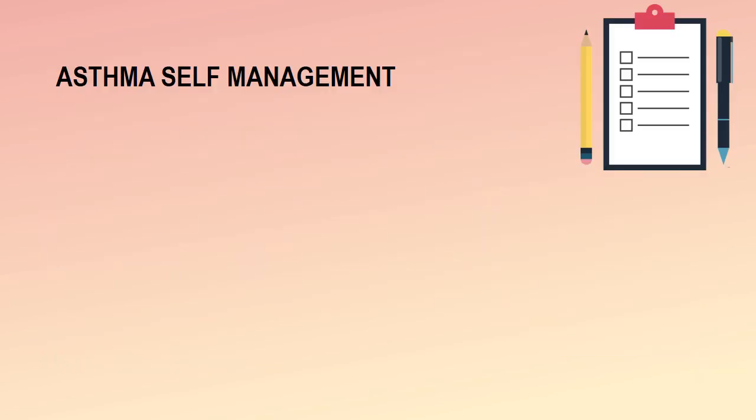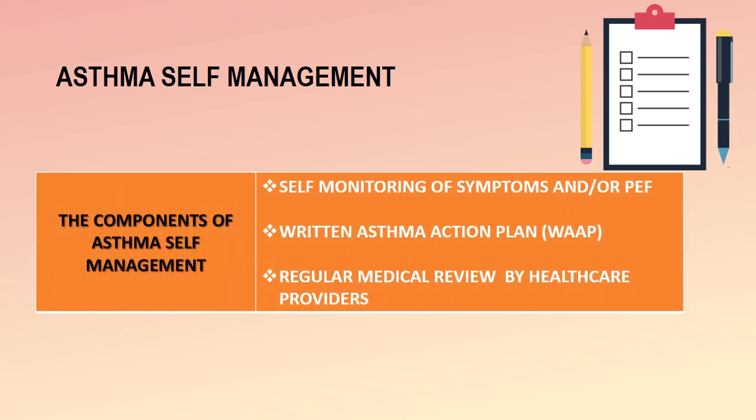With a chronic disease such as asthma, it is important for patients to be provided with education and skills in order to effectively manage their asthma. The three essential components for asthma self-management are self-monitoring of symptoms and/or PEF, a written asthma action plan, and regular medical review by healthcare providers.